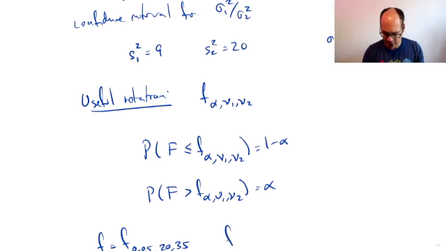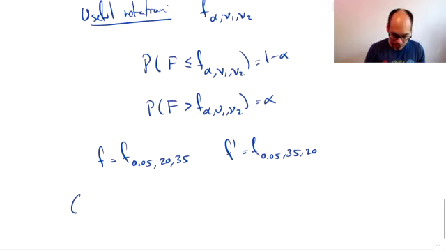And let me let f prime be f of 0.05, 35, and 20. I haven't told you why I'm going to use these numbers, but I will use them, and I don't want to keep writing them over and over. So I'll just put them like that.